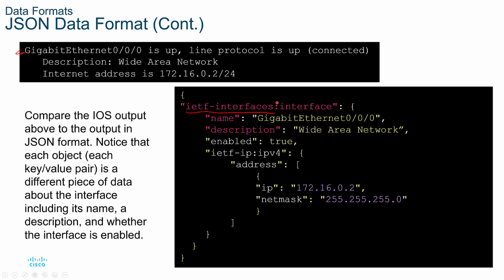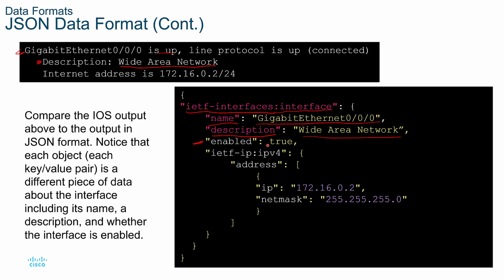So here is our interface name. So here we have the actual name of the interface. Here's what it was identified as. Here's our description. And then here is the description, which again we now have in quotes after a colon. Is the interface up?